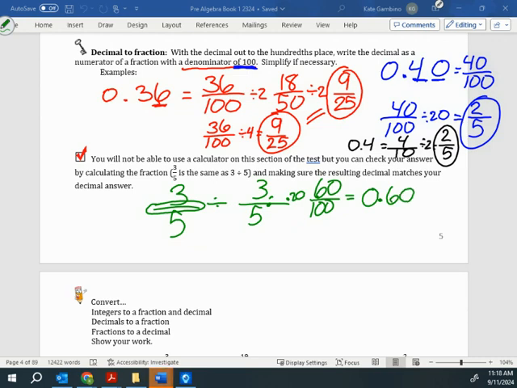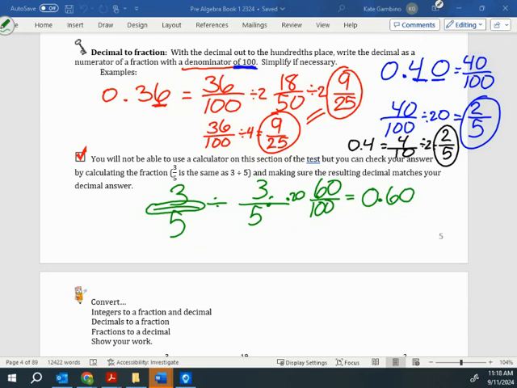Claire, you got your calculator out. If you do 3 divided by 5, what do you get for an answer? 0.6. Did I do my math correctly? Yeah.